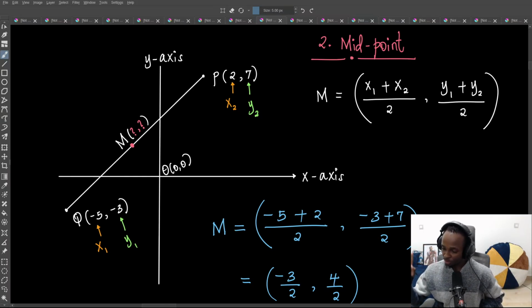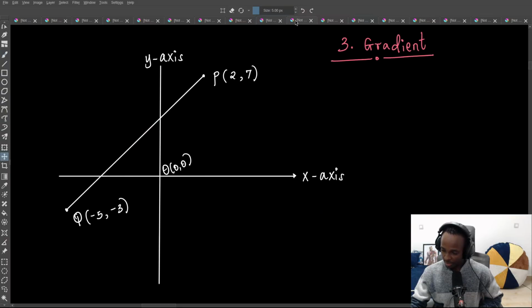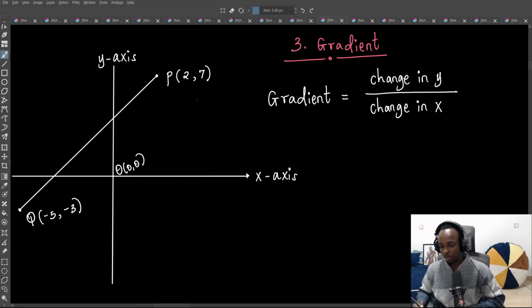Now, let's move on to the next point, which is the gradient. So how fast is this line rising or falling, right? And many people will tell you that the gradient is the rise, which is the change in y, divided by the run, which is the change in x, right?